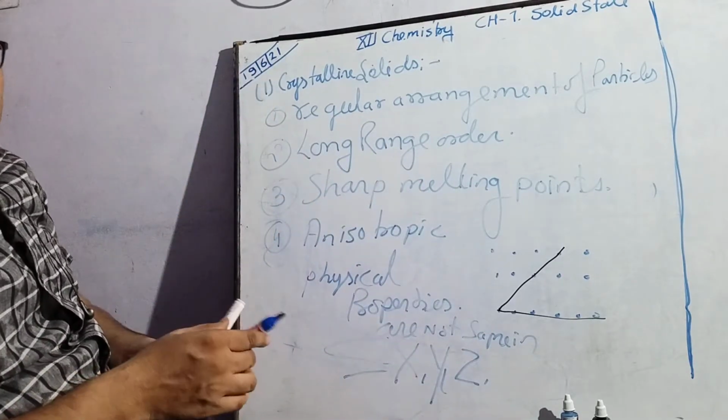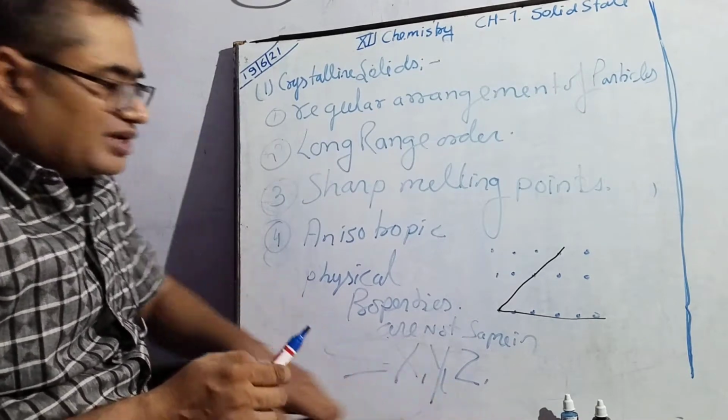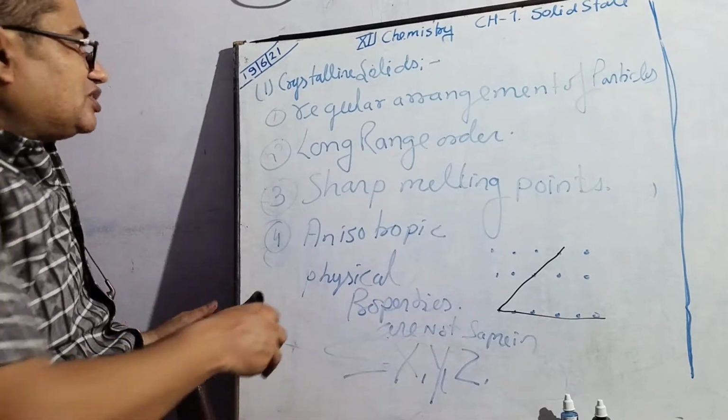That is why this kind of property of crystalline solids is known as anisotropic.